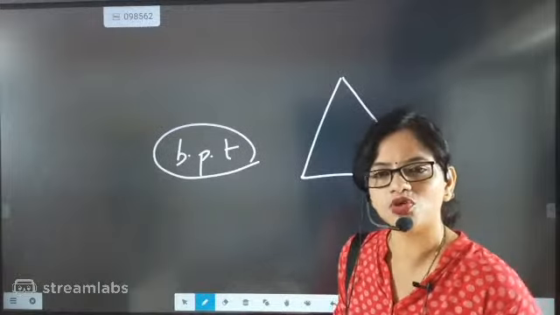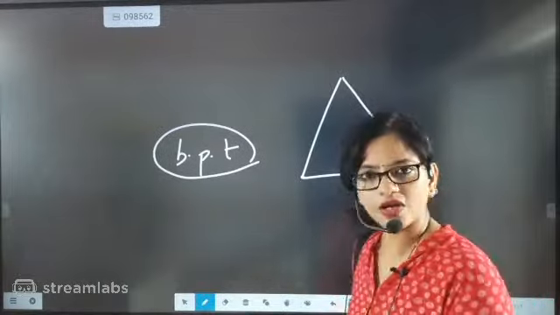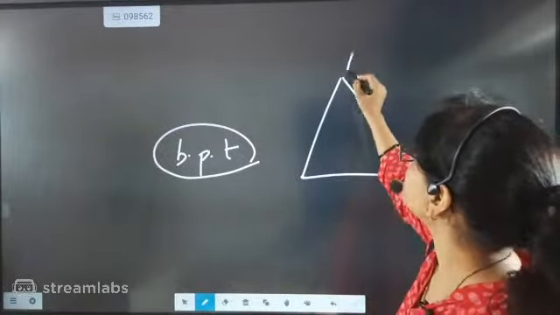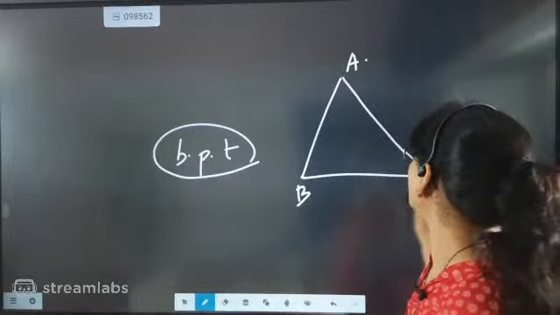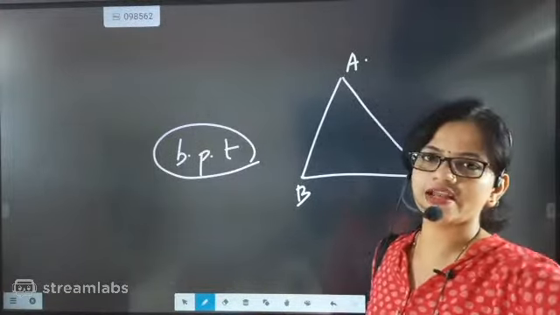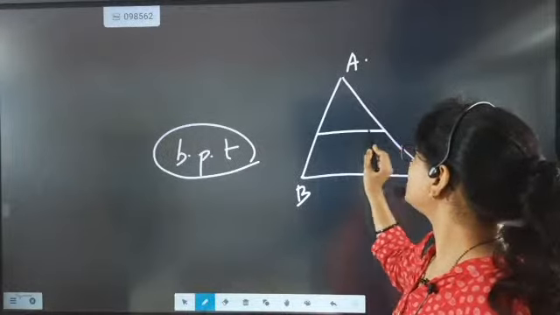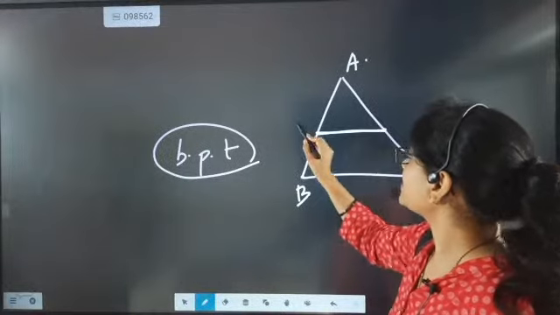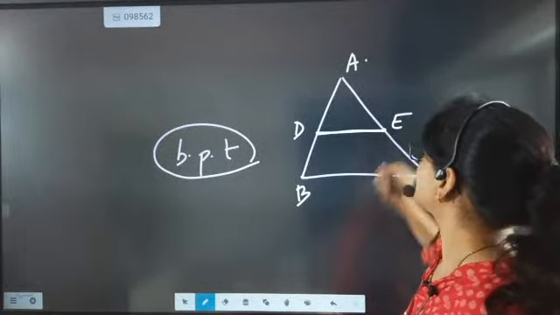BPT means basic proportionality theorem. Now beta, what is BPT? BPT says that a triangle is there. Now understand, not from the theorem mugging point of view, because you will only write BPT. But now we are going to understand what is in BPT. A triangle usually has 3 sides, then one of the sides will be parallel. So what we will do, we will write it like this.